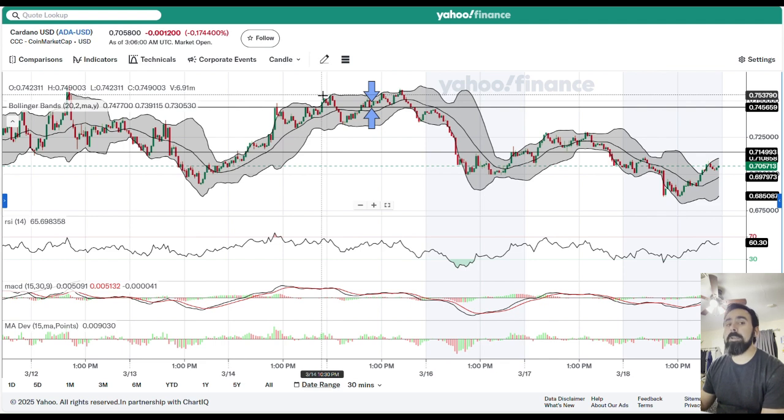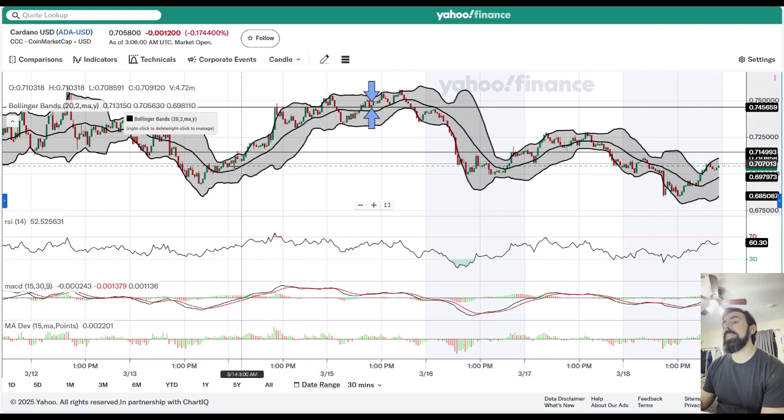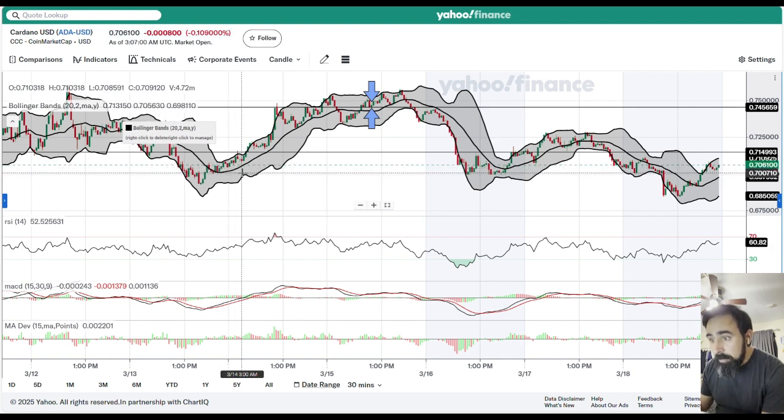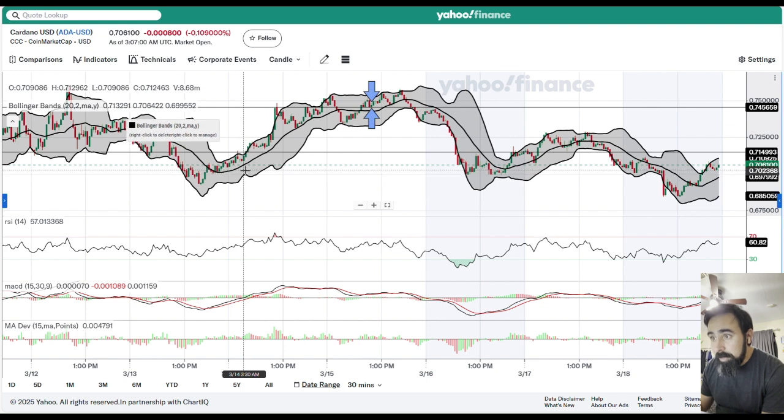For example, where would I have liked to have gotten in on this trade? Not negative MACD, maybe here, crossing over.